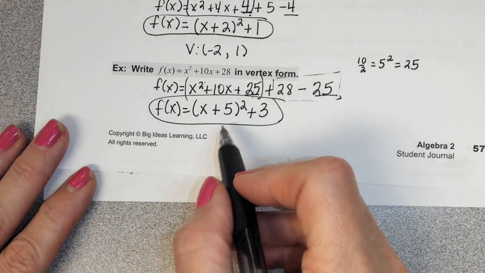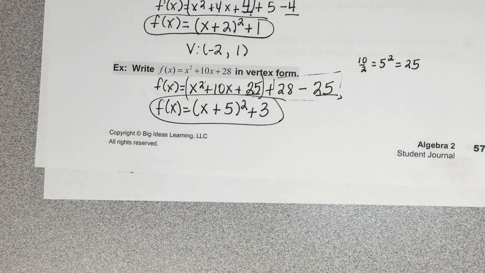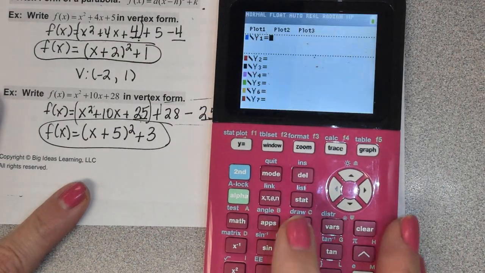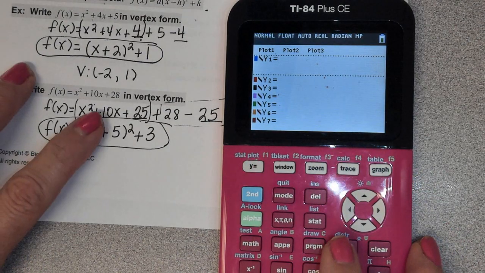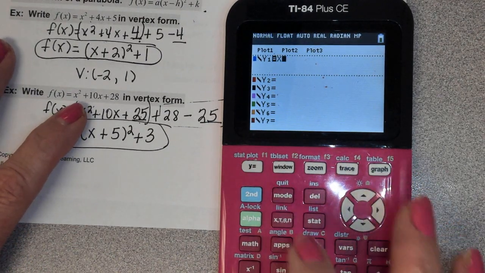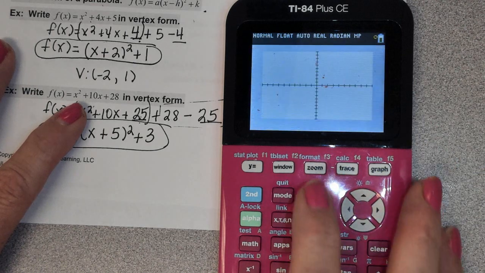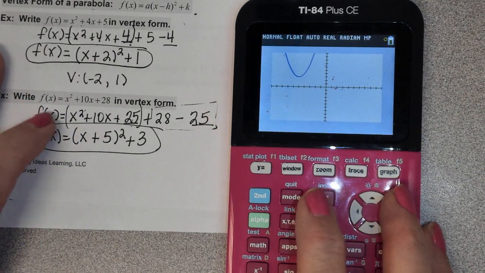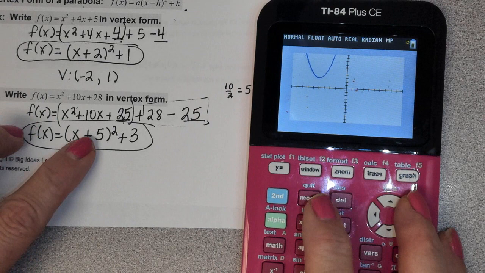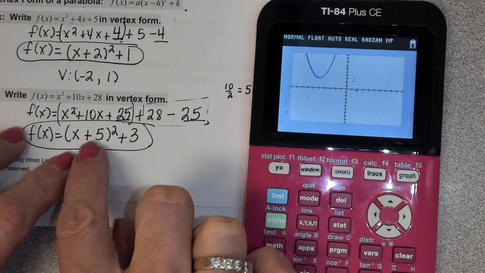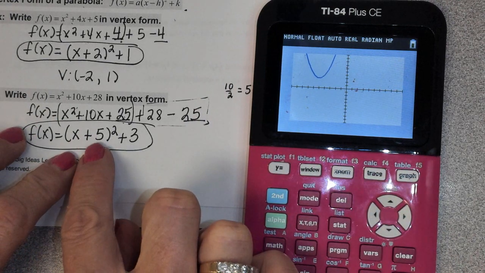All right. So now we have this in vertex form. Let's say this is on the calculator part, and I don't feel confident that I have it in vertex form. I could enter x squared plus 10x plus 28 on my calculator. When I look at it, here's the way it looks. What's the vertex supposed to be here?